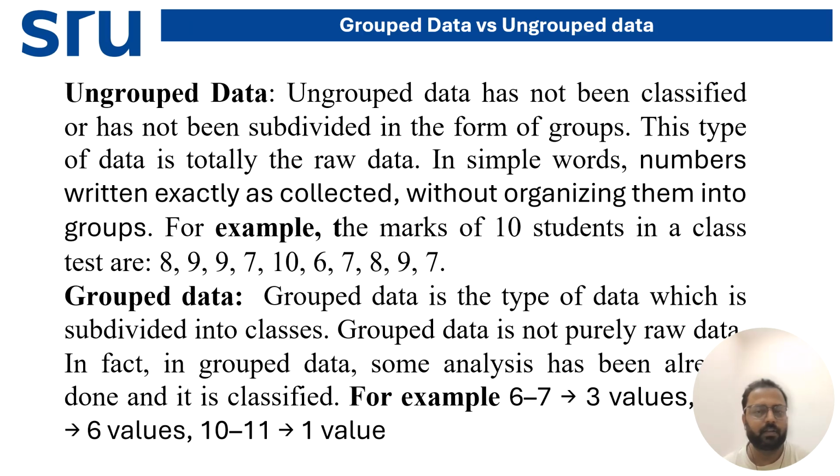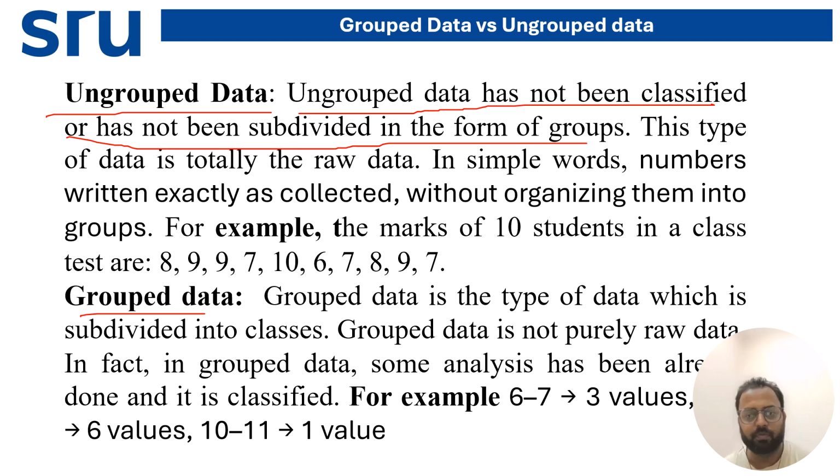Before we get into mean, let me quickly remind you of data and types of data. There are two types of data, ungrouped data and group data. Ungrouped data has not been classified or subdivided into groups.